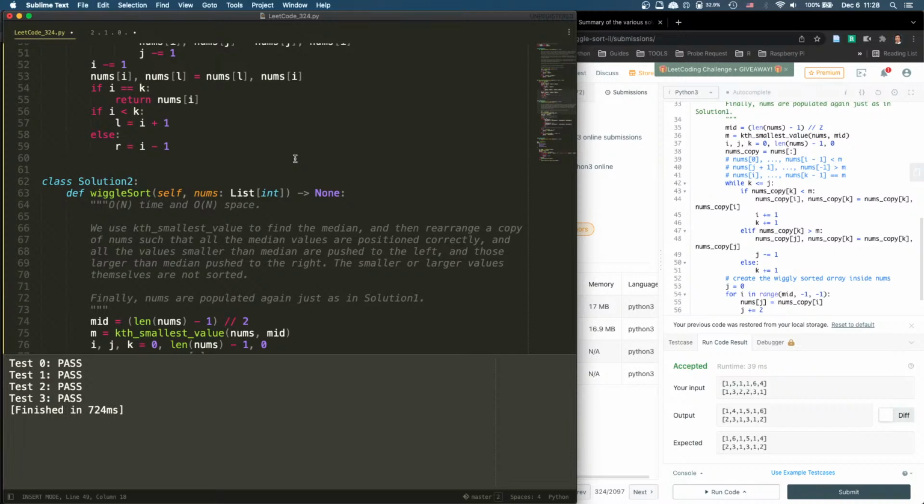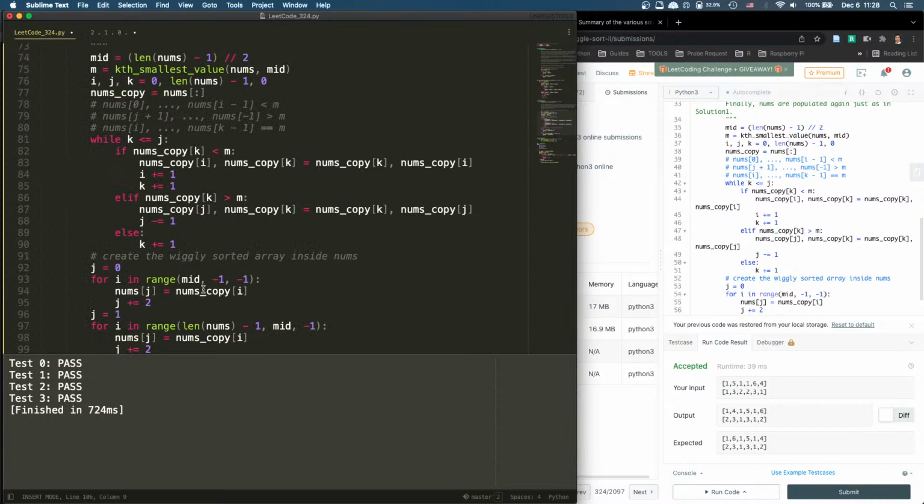Now the idea is, what if it's possible for us to rearrange and put in position at the same time? So if you think about this, when we put the values into position, we just throw them to the left and throw them to the right.